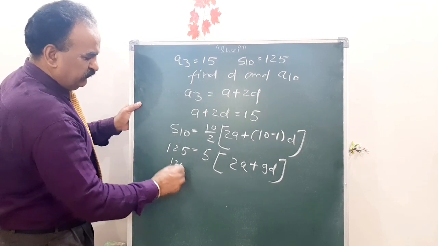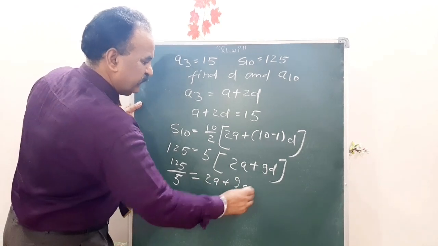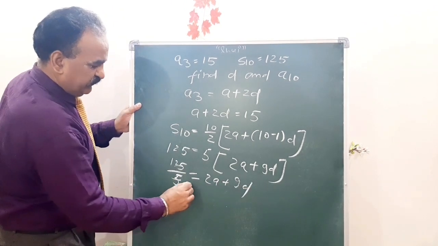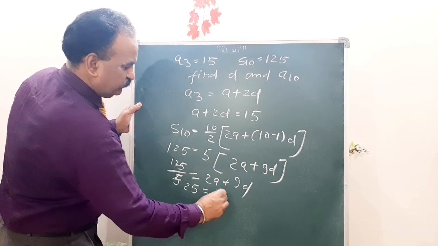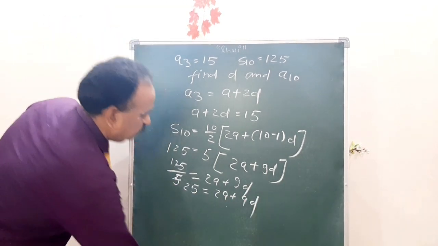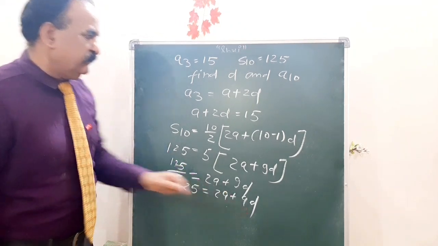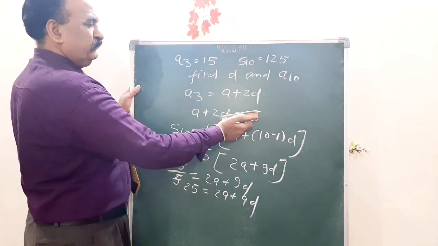So 125 upon 5 is equal to 2A plus 9D, that is 25. So 25 is equal to 2A plus 9D. This is the second equation, and the first is A plus 2D.